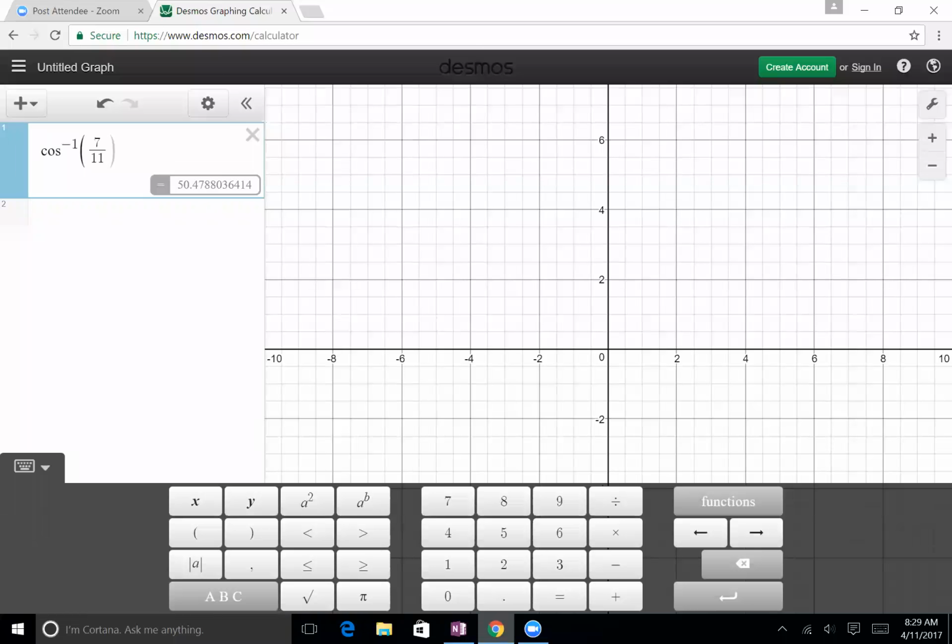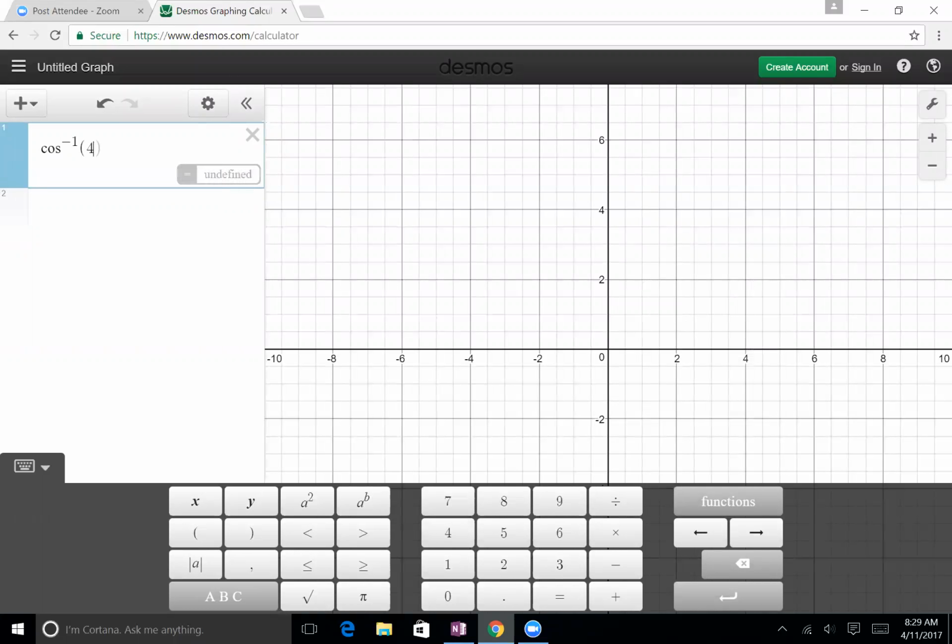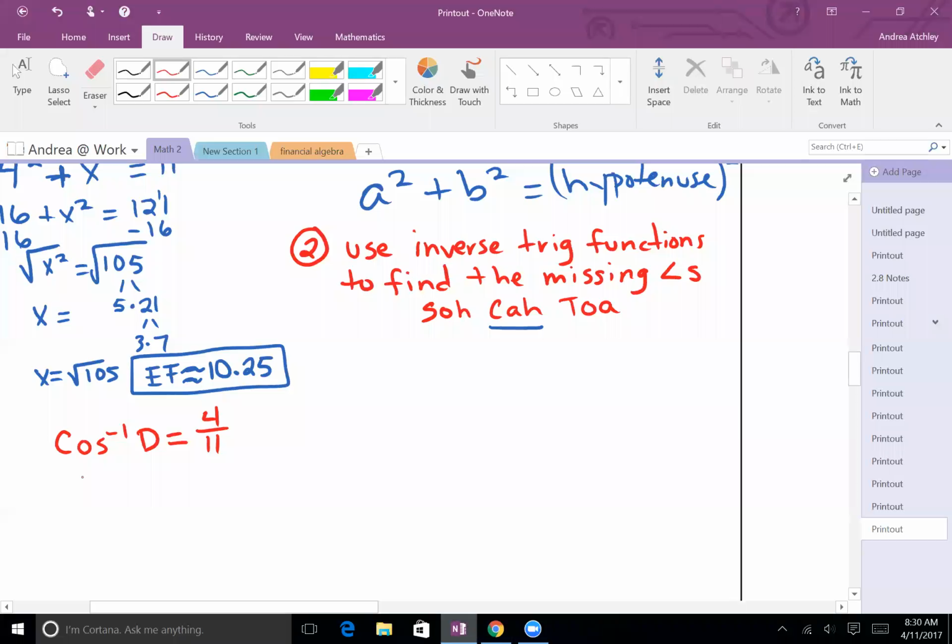Go back to our calculator. I'm going to do inverse cosine 4 divided by 11. And I would get 68.67. So we'll round to the nearest whole and get 69 degrees. So the measure of angle D equals 69 degrees.